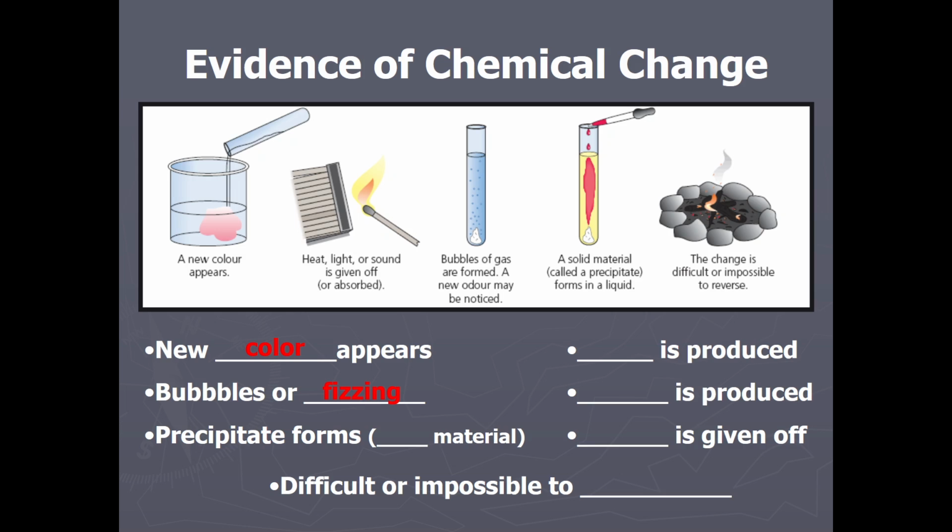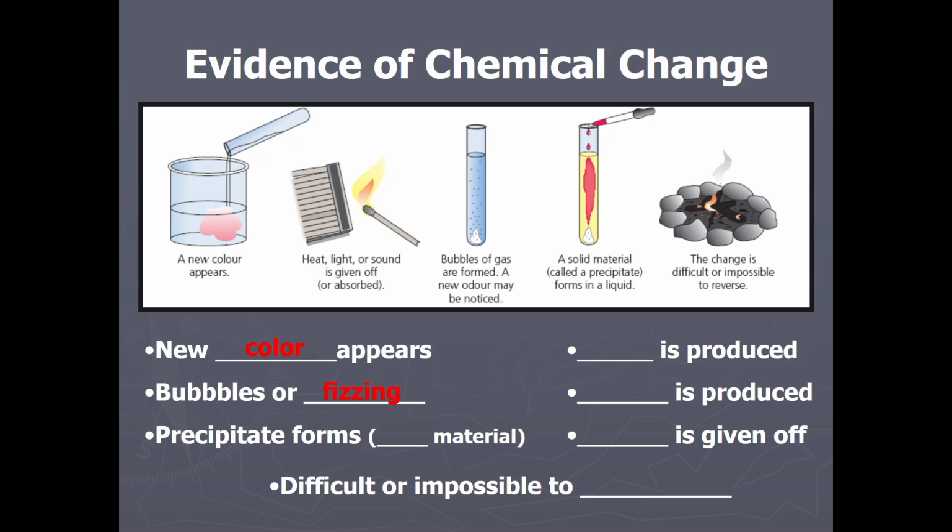Bubbles are fizzing. Have any of y'all done the volcano experiment in elementary school, where you do vinegar and baking soda? If you put 2 things together and they start fizzing, that's usually the indication that a chemical change is occurring.